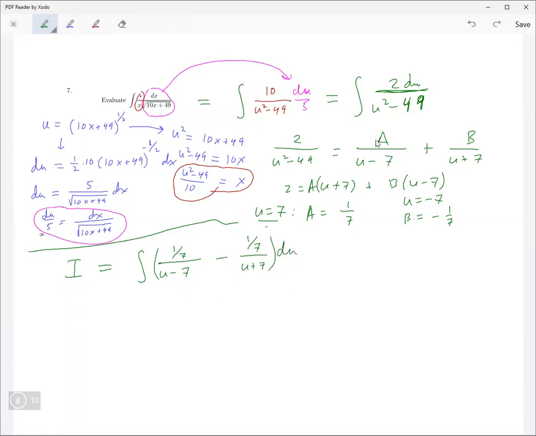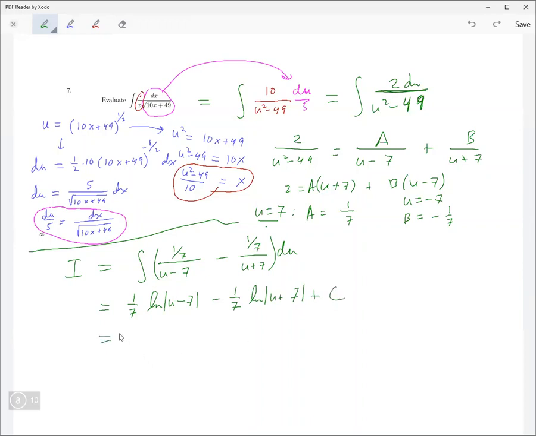Okay, that's because this is our A and that's our B. Negative 1/7 is our B. And so we can integrate this. We have 1/7 natural logarithm of u minus 7 minus 1/7 natural logarithm of u plus 7 plus our constant.